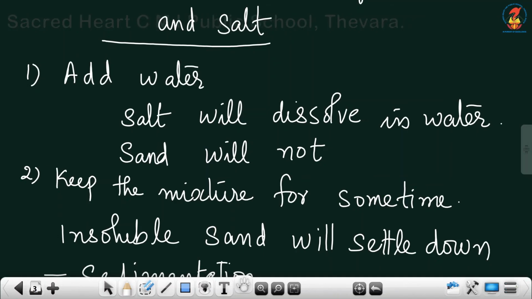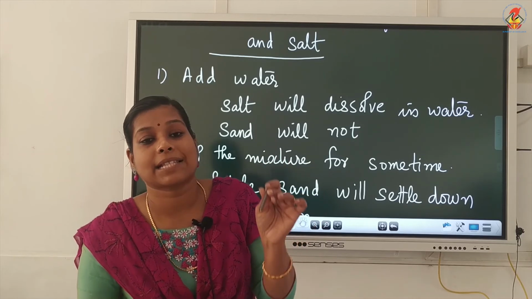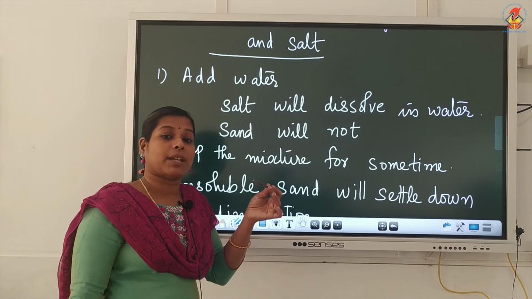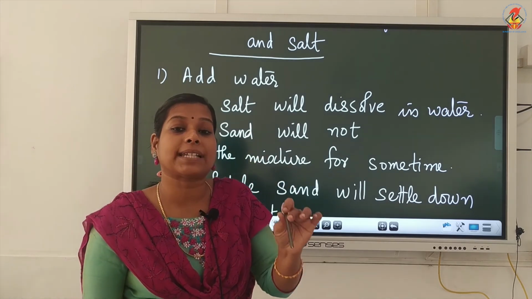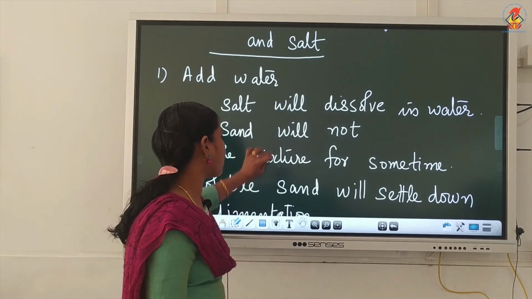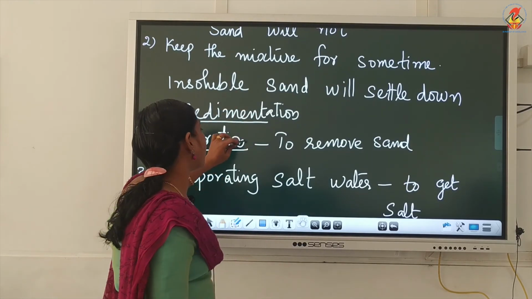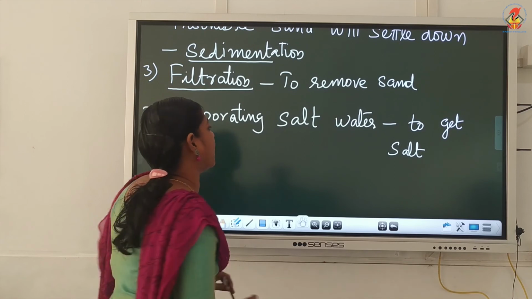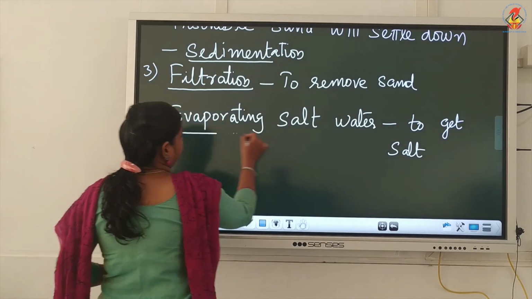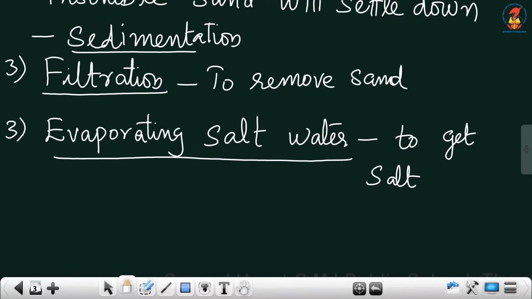Salt is soluble in water and sand is insoluble in water, and after adding water we kept it for sedimentation. That is the first method of separation, sedimentation. After sedimentation of the sand, we filtered the solution to separate the sand. After filtration, we evaporated the salt water to get the salt.